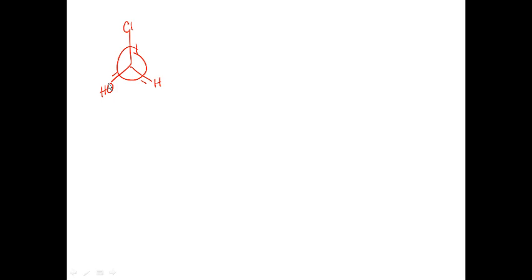How about I put an OH on the front carbon, and then I put a CH3 here, maybe a Br there, and an H there. So can you determine what the configuration of the front carbon is and what the configuration of the back carbon is for this Newman projection? Want to stop the tape, try it, and then come back and see if you were right.